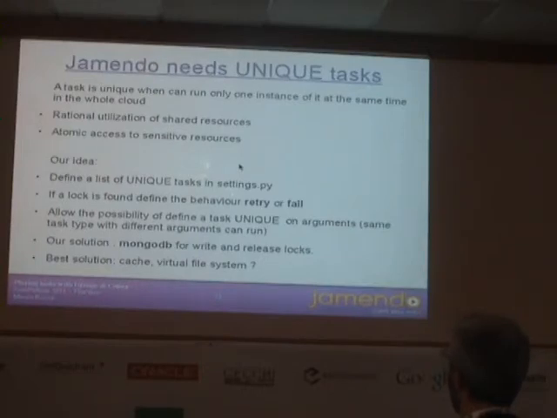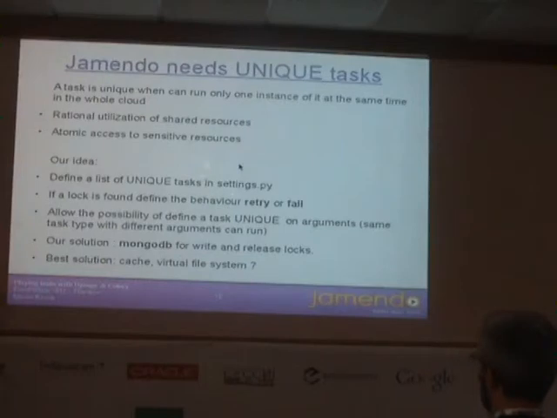What we also needed is a unique task, but also by args. An example, I have a task that uploads albums or recalculates stats about a single album. Then the arg is an album ID. Maybe I don't want two tasks that calculate the stats of an album to run at the same time on the same album, but they can run on different albums.